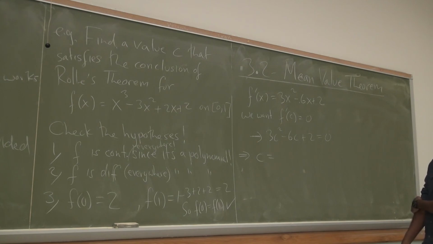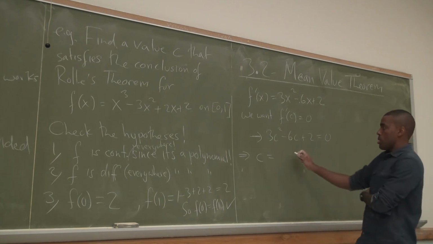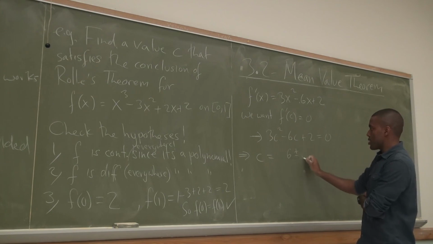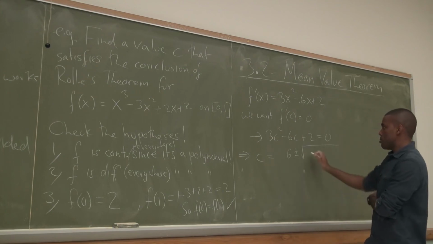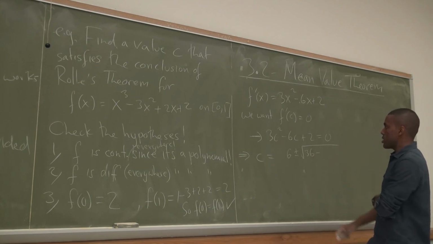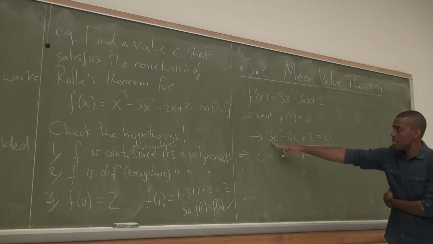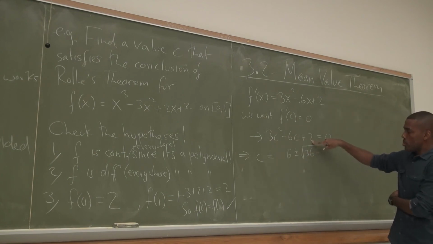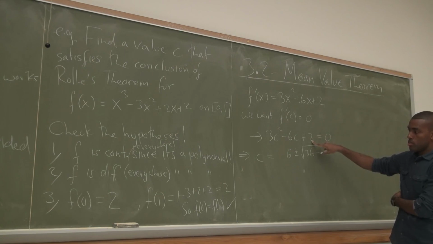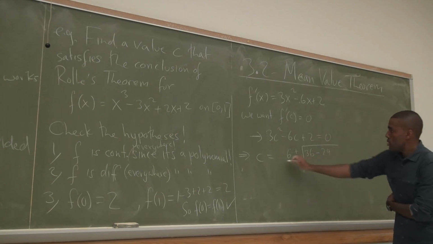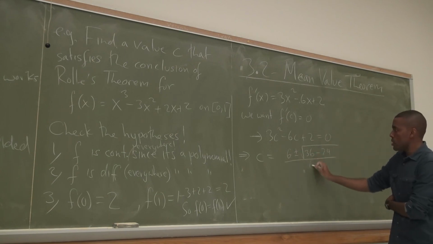That doesn't factor. So you have to use the quadratic formula, which is going to give you what? Minus b plus or minus the square root of b squared minus 4 times a times c. So you end up with 4 times 6, 24, all over 2 times a, which is 6.